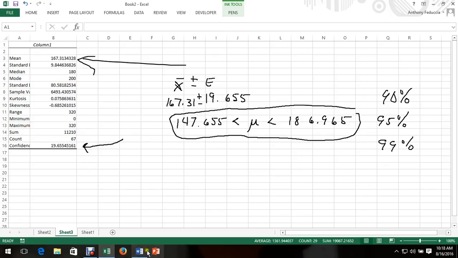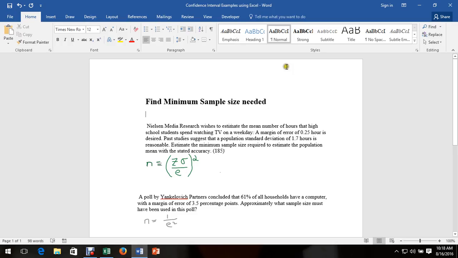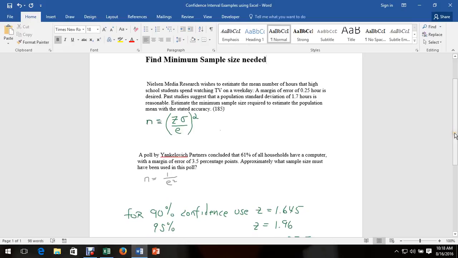Now, another topic. We may, and you will, need to solve a different problem. In this one, you need to find the minimum sample size that is needed in order to achieve a degree of confidence with a certain amount of error. Let me say it again. Here, we're not looking for a confidence interval.